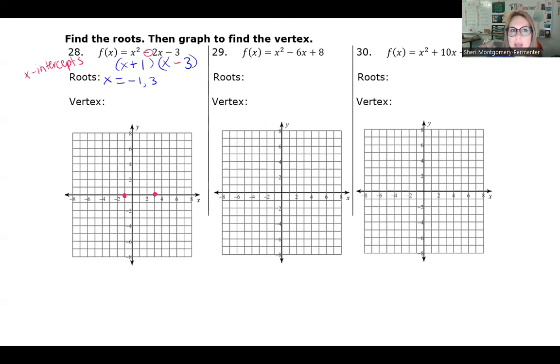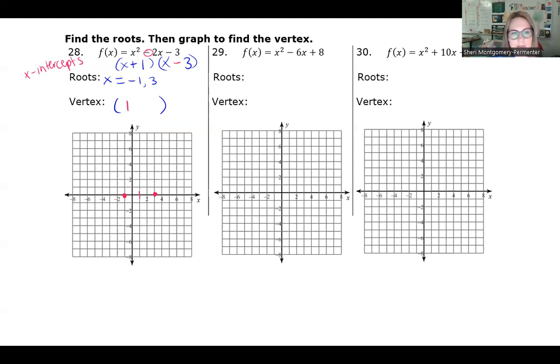So what's the halfway mark between -1 and +3? If you marked your graph between those two dots, where would you mark it? At 1. So that's the halfway mark. And so that means that when I make my vertex, that halfway mark tells me what the x value is.